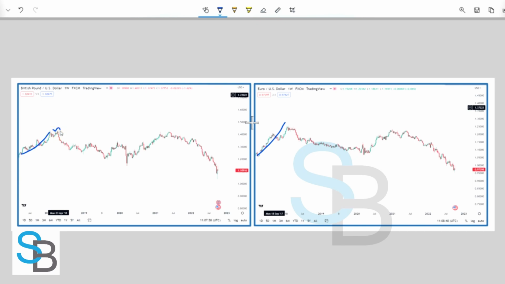Here is a bit of consolidation, here also. Then a clear downtrend, a bit of consolidation, a clear uptrend, a bit of consolidation, and a clear downtrend. As you can see, they are basically moving in the same direction. It means they are positively correlated.